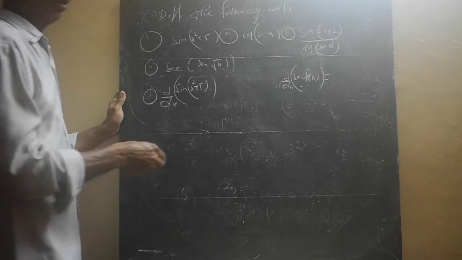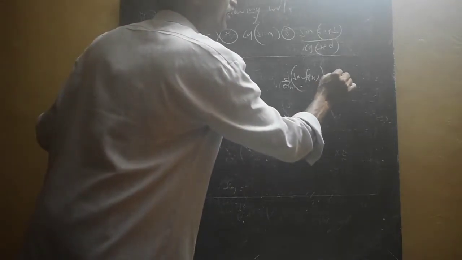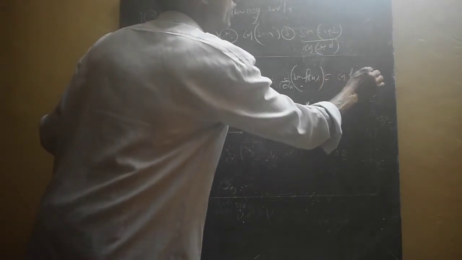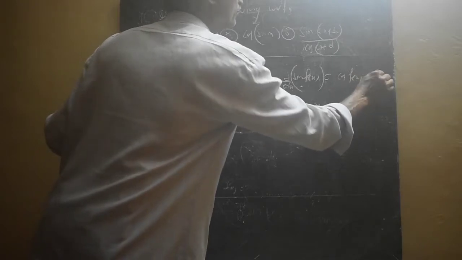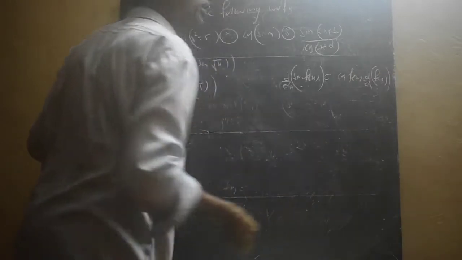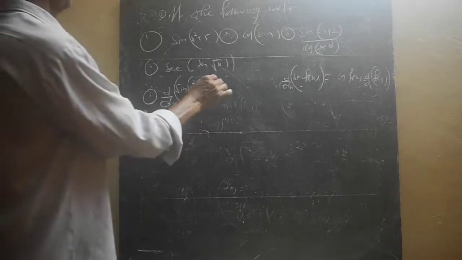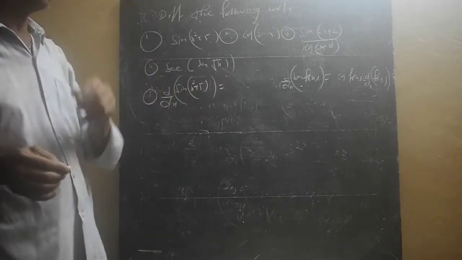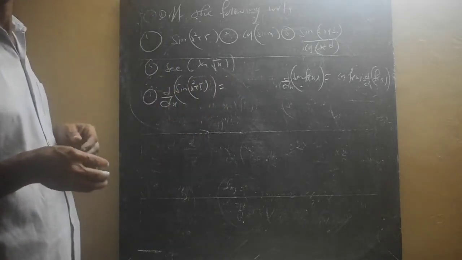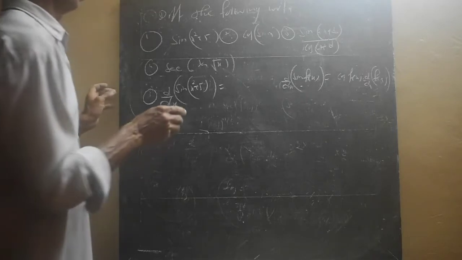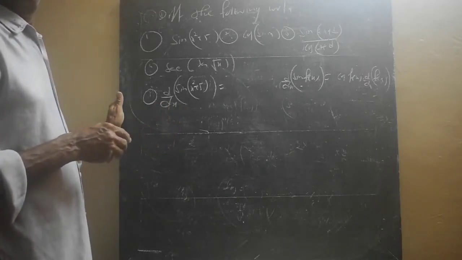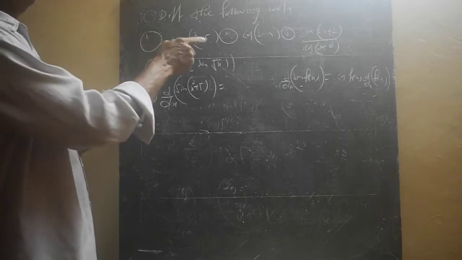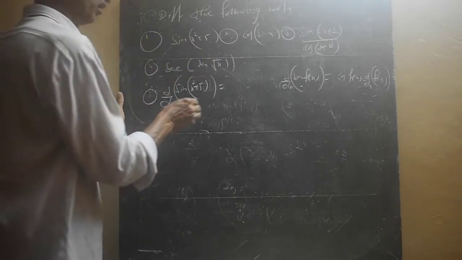Orally, I will tell: d by dx of sin f of x is equal to cos f of x into d by dx of f of x. You can repeat the video again and again and think yourself about which formula is used, because it is already explained. Listen to what we are explaining, then think over which formula is applied later on.